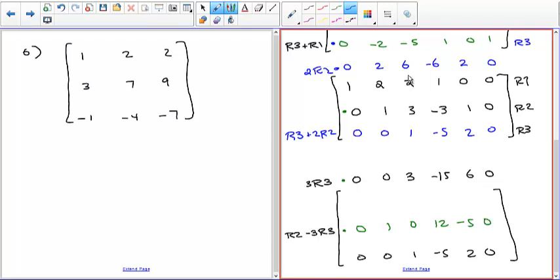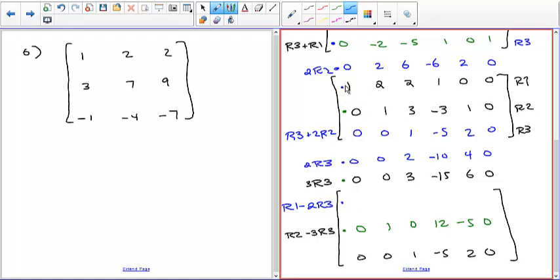Okay, now we want to get this term to go to 0. So we're going to take row 1, and we're going to subtract 2 times row 3. So here's 2 times row 3. We take row 3 and multiply by 2. Okay, so that's 2 times row 3. So we're going to take row 1 minus 2 times row 3, and we're going to put the result there.